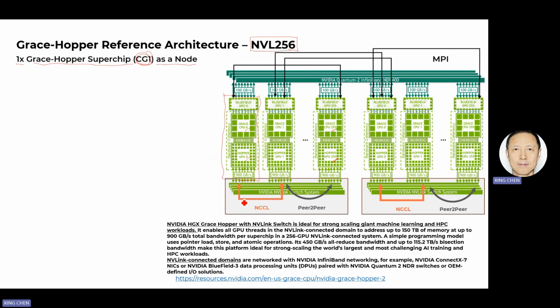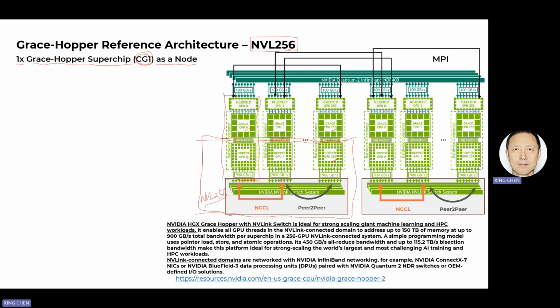What you need is an interconnection network which interconnects all these 256 GPUs, and all this together, the 256 GPUs plus this interconnection network, is going to give you this NVL 256 domain.